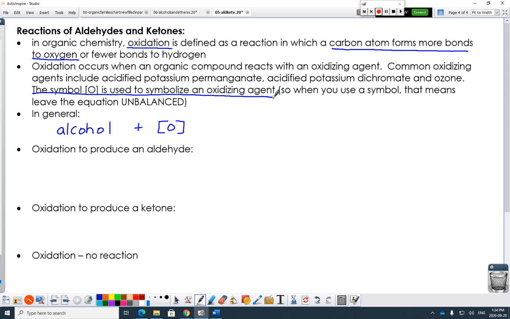When we use this symbol, that means the equation is going to be unbalanced, 100%, okay? Try not to let that stress you out. Then depending on where the OH is, that's going to influence whether you get an aldehyde or a ketone. Is it at the end, like a primary one, or is it in the interior, making a ketone?